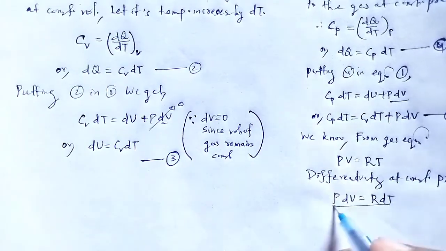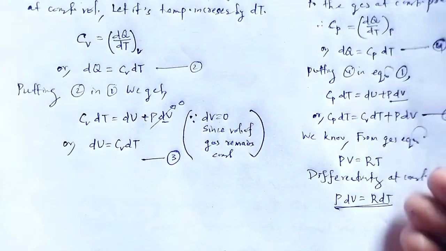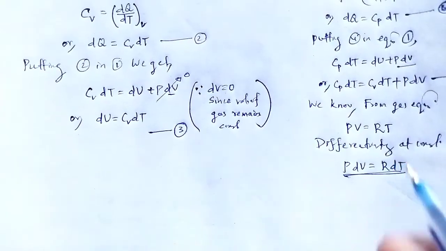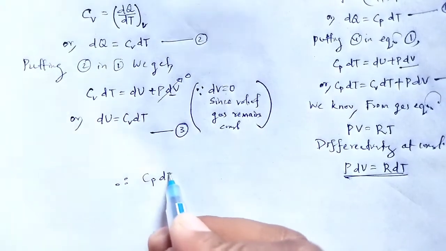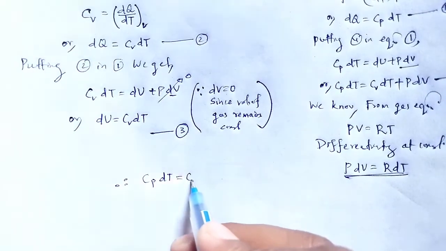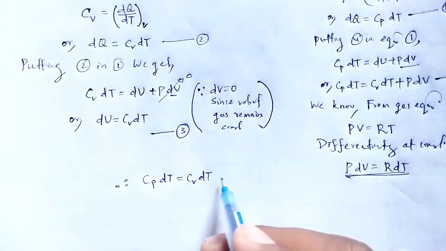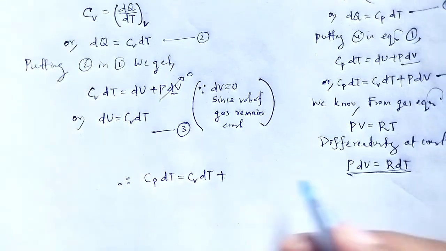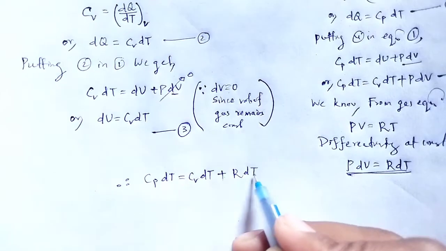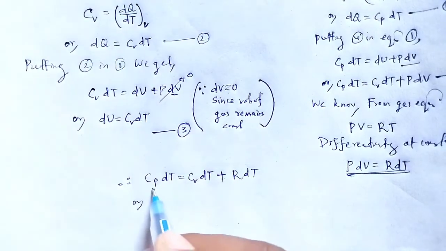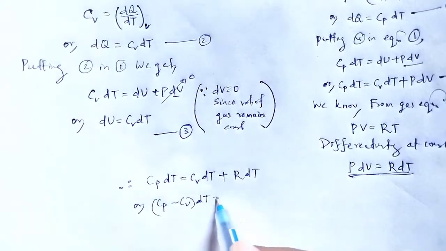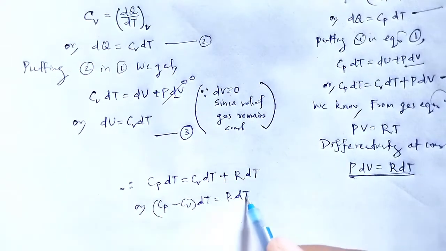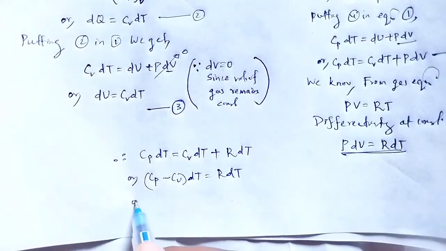Now putting the value of P dV in equation 5, we write Cp dt is equal to Cv dt plus R dt, or Cp minus Cv times dt is equal to R dt. dt cancels out from both sides.